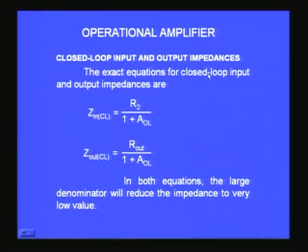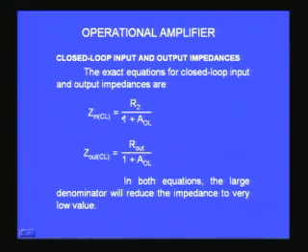Now, what happens to the closed loop input and output impedances? That we have already seen. The effect of the feedback is to reduce the output impedance and also to reduce the input impedance. So, Z in with the closed loop, CL means closed loop, Z in with the closed loop configuration is given by R2 divided by 1 plus AOL. The beta is 1 here, 1 plus A beta is the loop gain, beta is 1, therefore it is 1 plus AOL, and because AOL is very large, R2 by (1 plus AOL) is going to be very small.